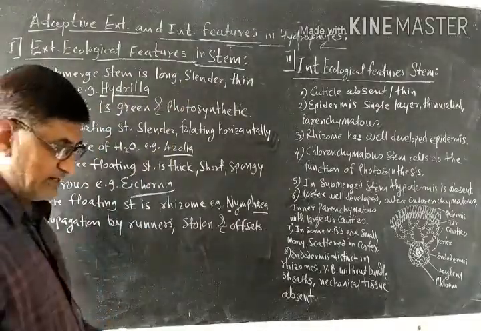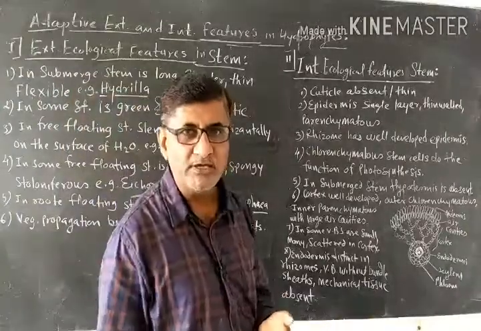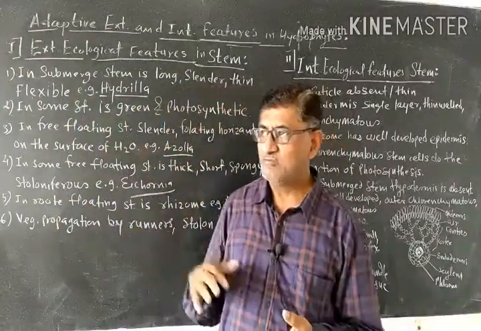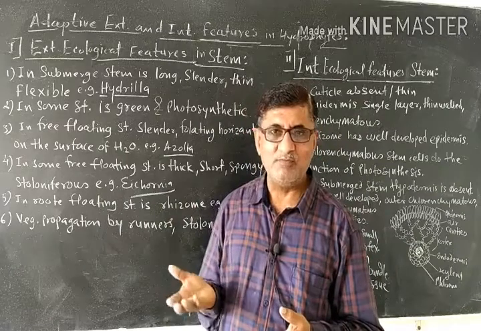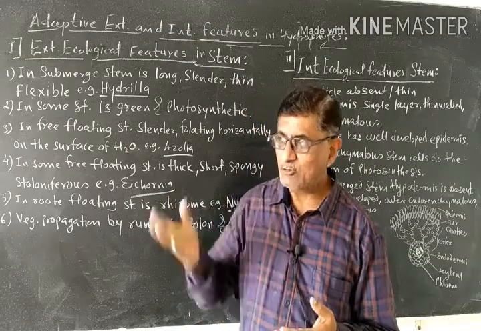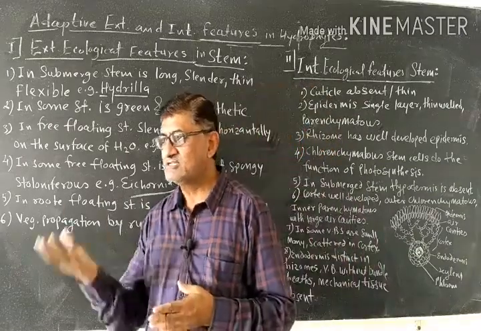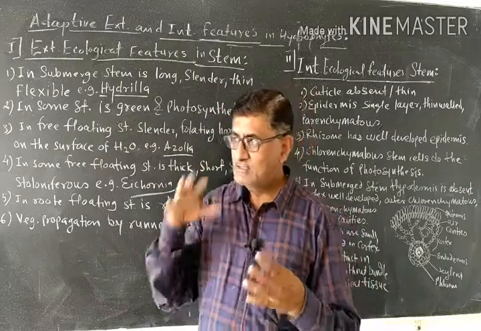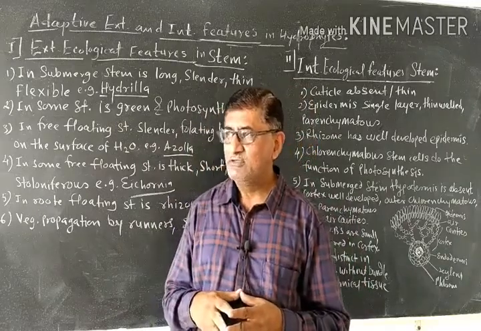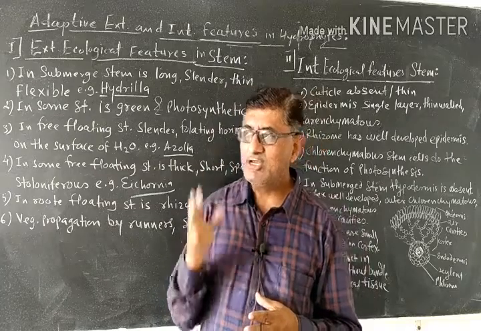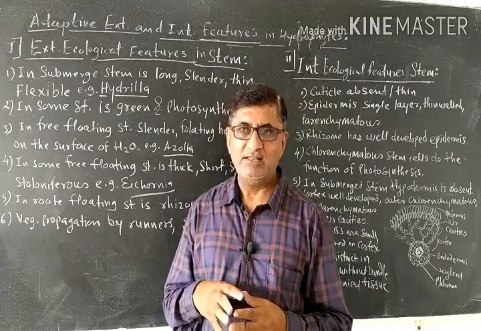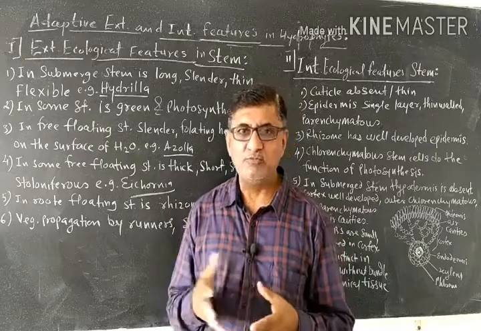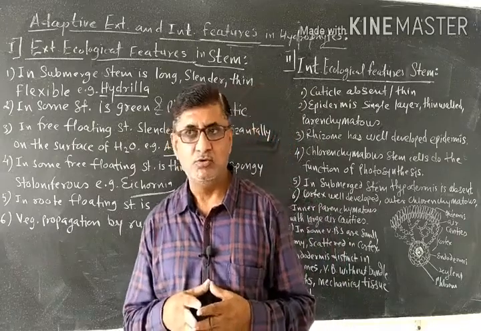You might know that some hydrophytes are floating, some are submerged, some are amphibious, and accordingly their stem shows modifications or adaptations. In submerged hydrophytes, the stems are elongated and wiry, and they do not develop mechanical tissue.